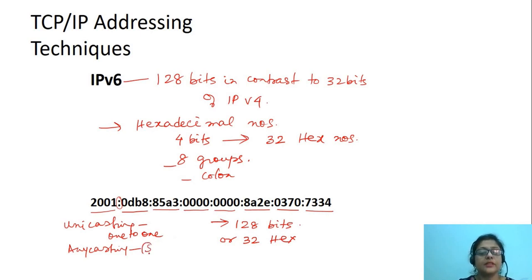That means if the sender is here, it can send the data to any one of the groups. Suppose this is group 1 having, let's say, 4 devices, the sender can send it to any one of these devices. Let's say it sends to this particular device. And it is also used for multicasting. In multicasting, the sender can send the data to all the group members.